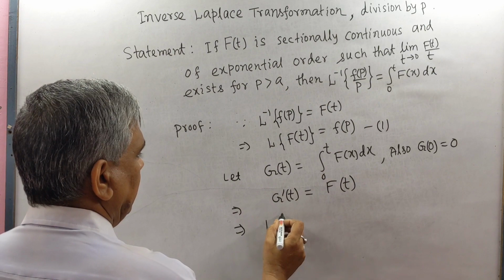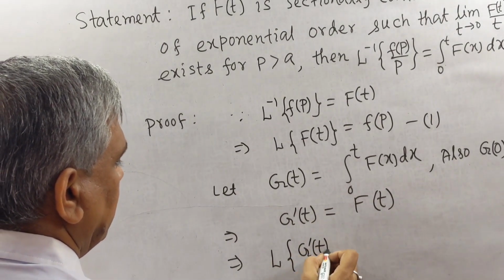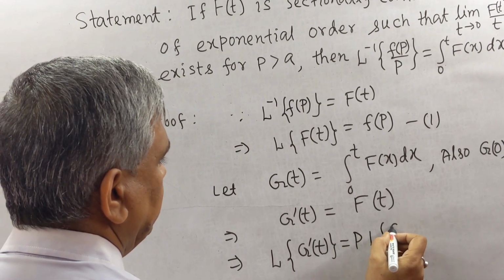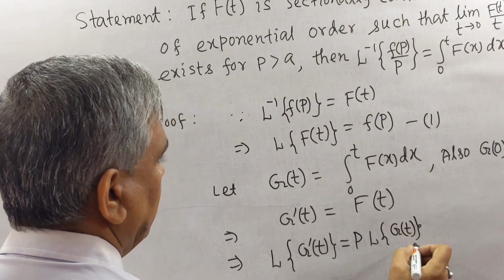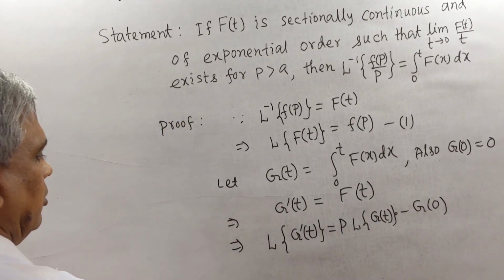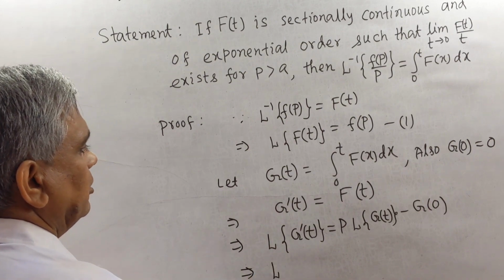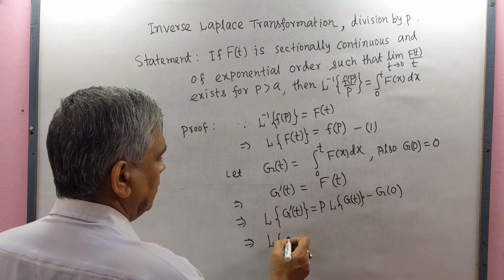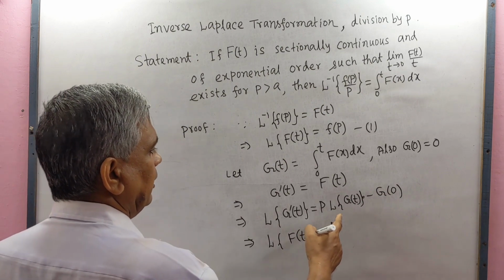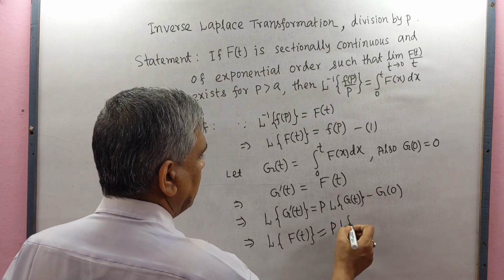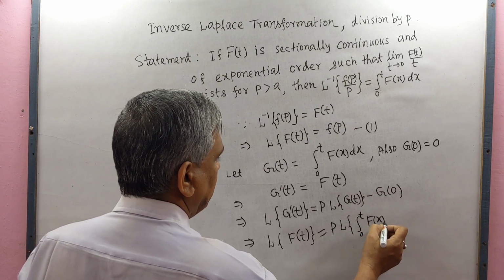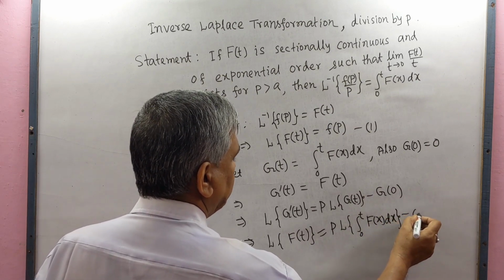This implies L{g dash t} equals p L{g(t)} minus g(0), so L{g dash t} is F(t), and F(t) equals p L{g(t)}, meaning the integral from 0 to t of F(x) dx, minus 0.